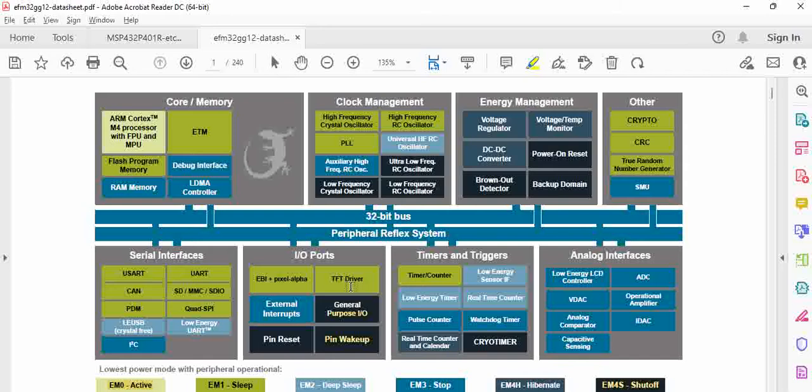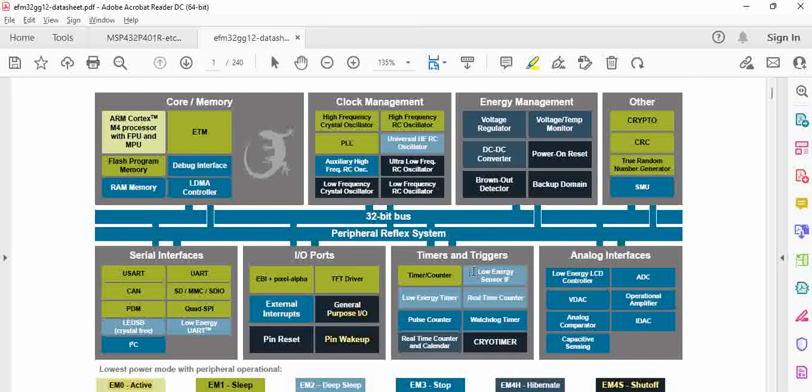So this is used in the case which we talked about before, where you want to read either based on enabling the microcontroller at specific intervals, or waking up only when there is an external interrupt. So very useful. And then timers and triggers are common, which are present in every microcontroller.